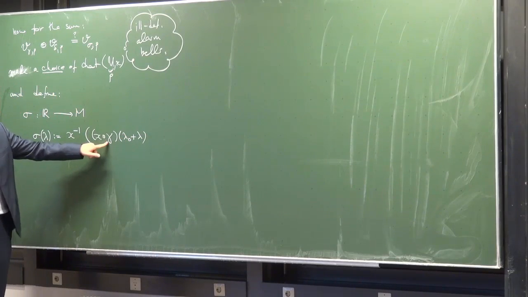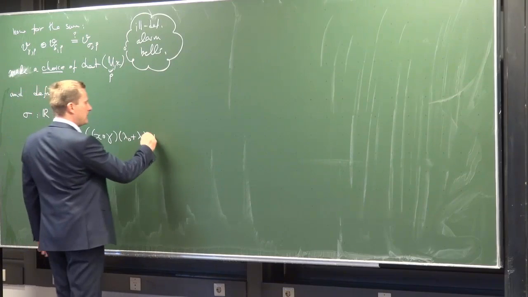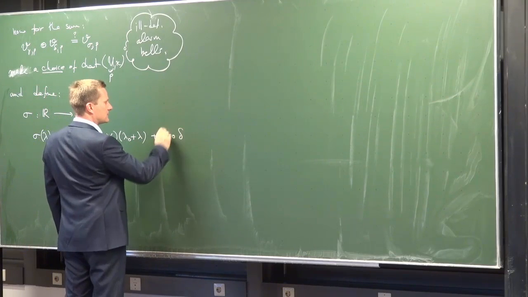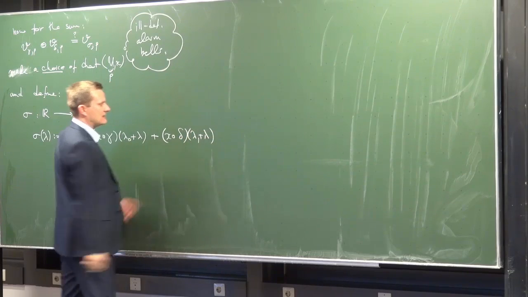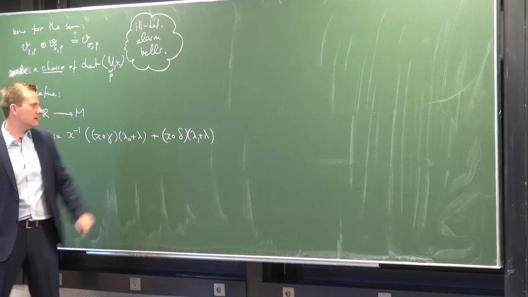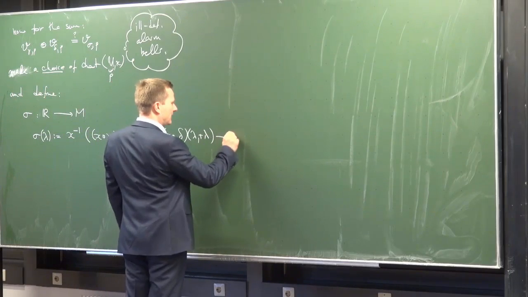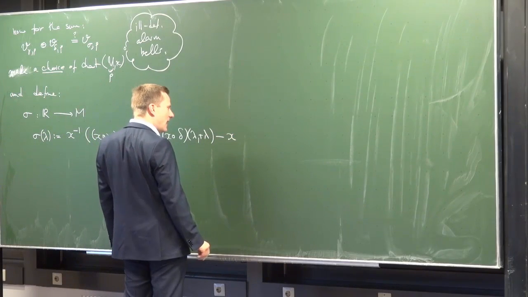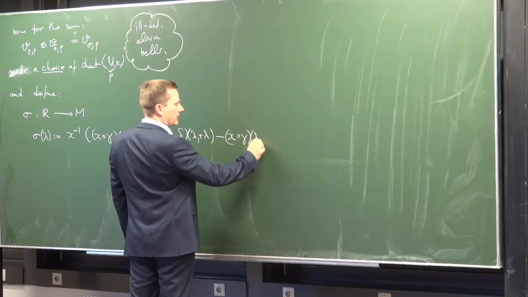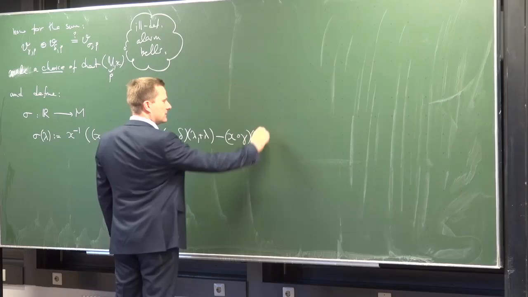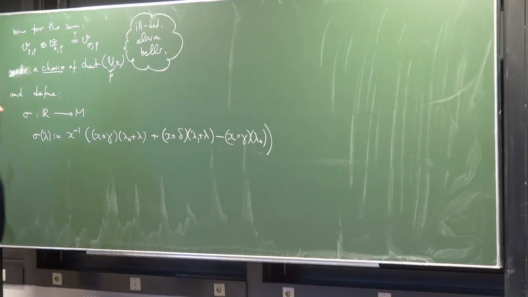Lambda 0 is the point where gamma hits P. Plus, I take the chart representative of the curve delta at the point lambda 1 plus lambda. Lambda 1 is the point where delta hits P. And I subtract a constant R^D element, namely x after gamma at the point lambda 0. That doesn't depend on lambda at all, nevertheless I need it.